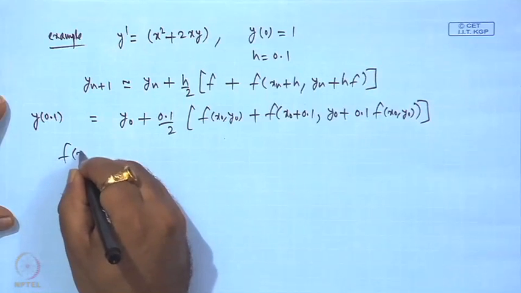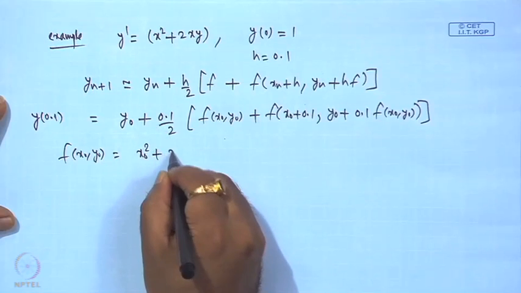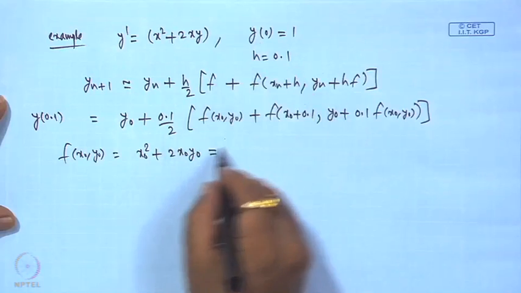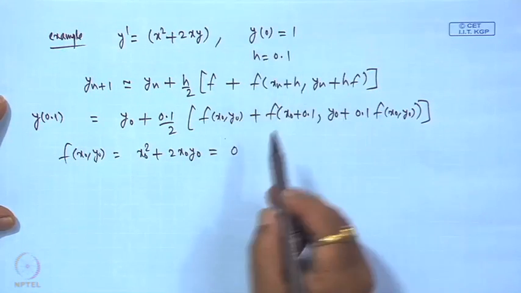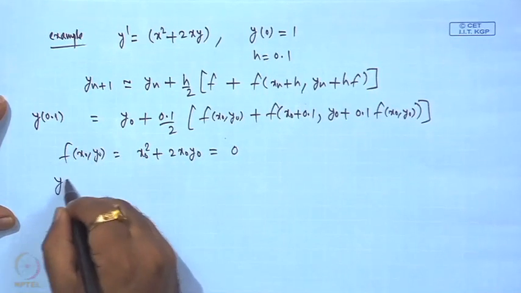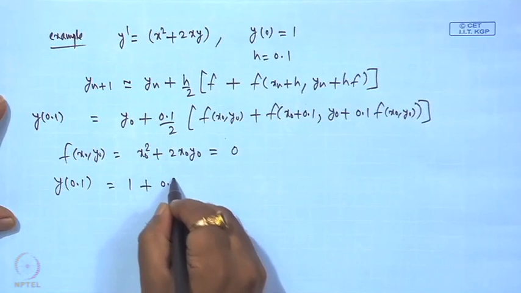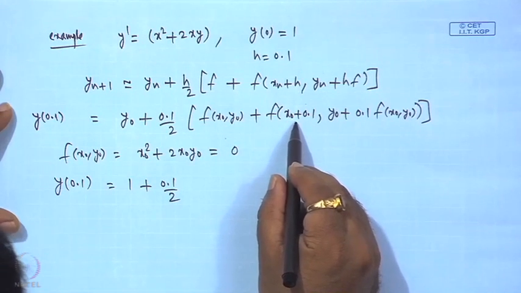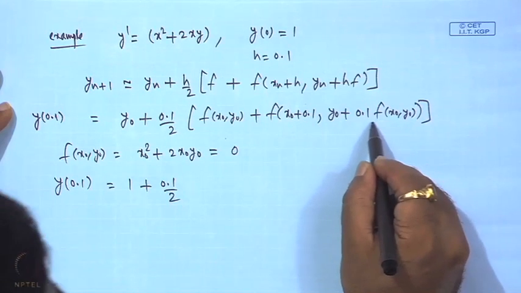What is f of x 0, y 0? This is x 0 square plus 2 x 0 y 0. So x 0 is 0, so this is 0. So y 0 is 1, and this term is 0.